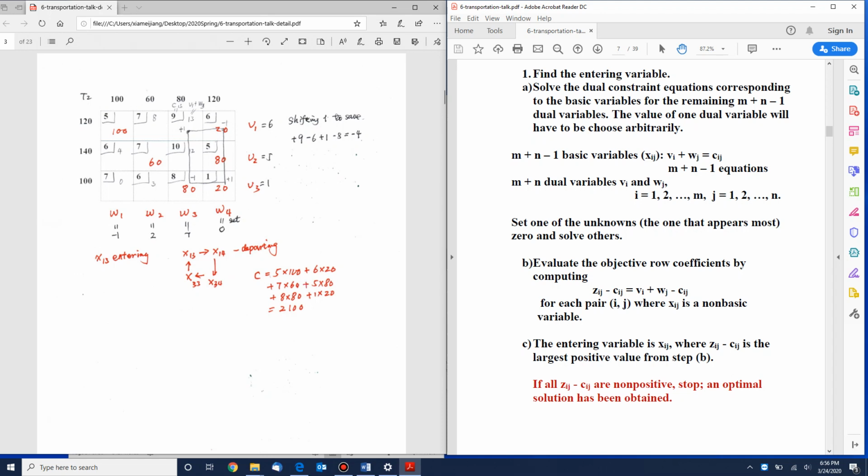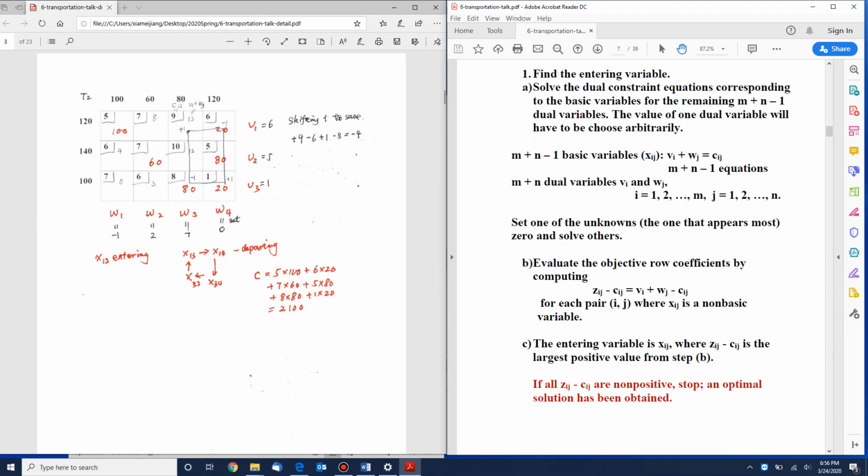You simply add v1 equals 6 and w2 equals 2. Adding them together is 8. You just put 8 there. And then you use zij minus cij. So 8 minus 7 is 1, right? You don't have to do it immediately. You just add vi plus wj for each non-basic variable.